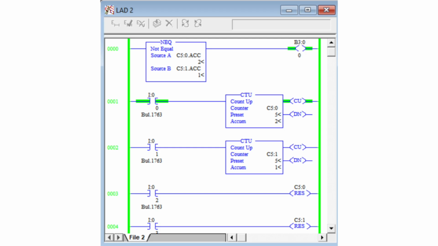In this case also both sources are equal, and if both sources are equal, my output connected to the NEQ bit again goes to 0, right? So the NEQ instruction, not equals to, provides output when both sources are not equal. Source A is not equal to source B. The value of source A is not equal to the value of source B, right?